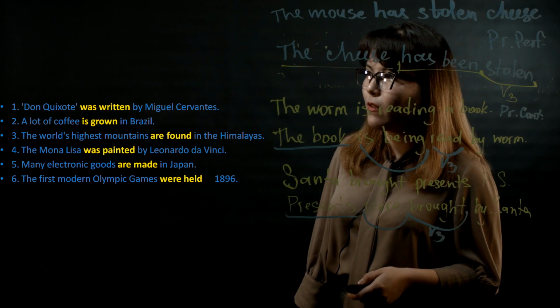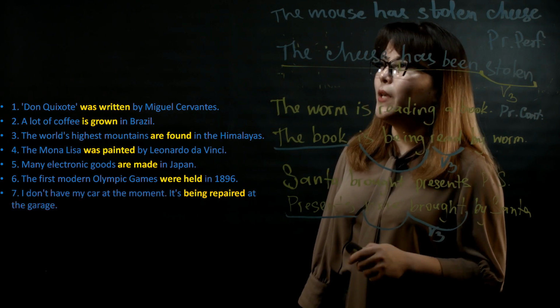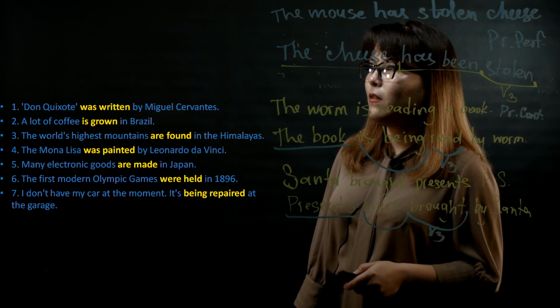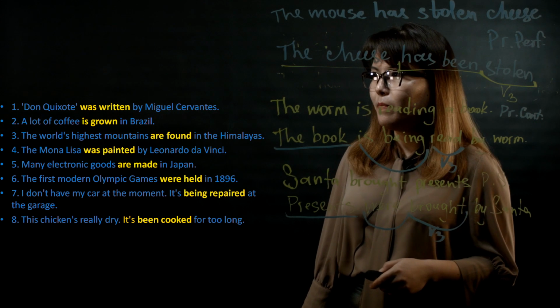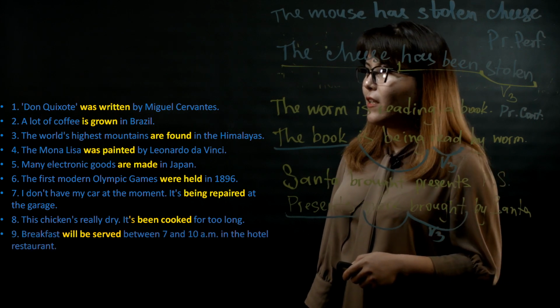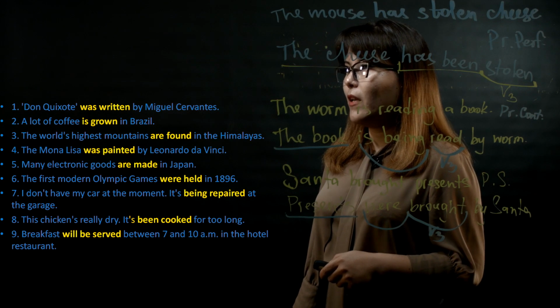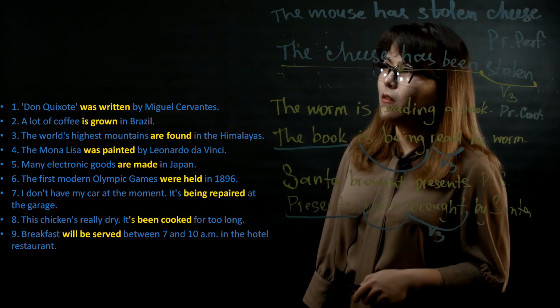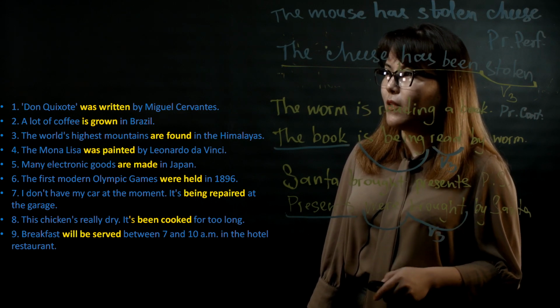Were held. Okay. Is being repaired at the garage. It's been cooked. And it will be served. Okay. Everything is correct, but do not worry if you have some little mistakes.